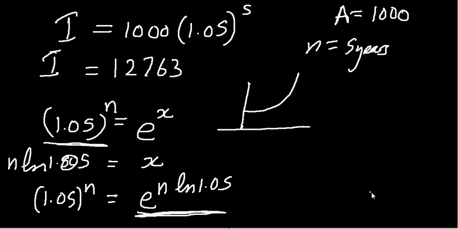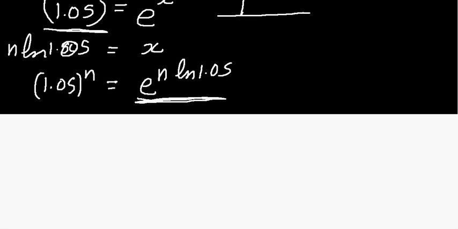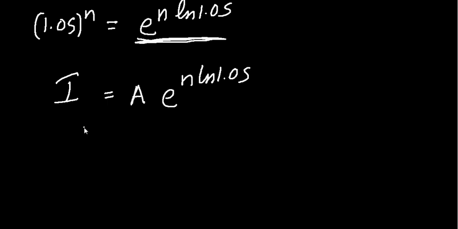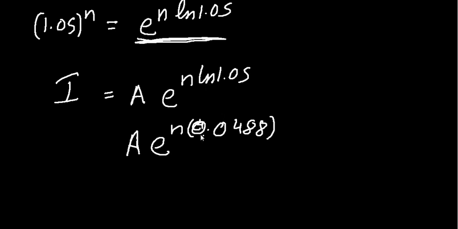Now let me rewrite that formula in terms of what I have found here. So that's e to the power of n ln 1.05. Now I can figure out what ln 1.05 is, which is 0.0488.